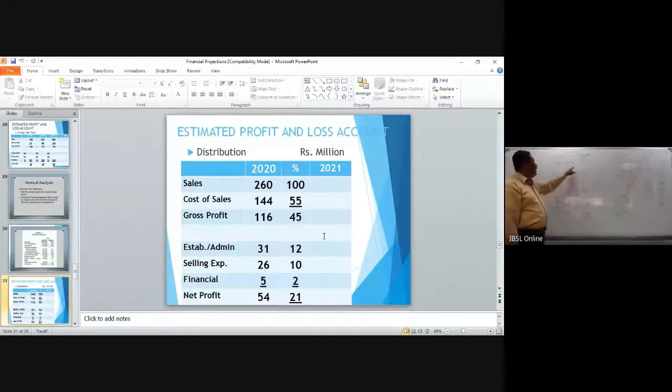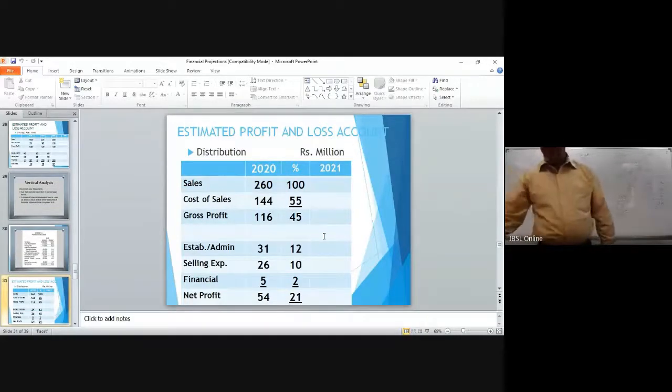Then this figure will increase to a certain extent, and then what would be the related expenses in relation to sales, and what would be the profit. So we can calculate one by one on that. Okay, it's called the vertical method.